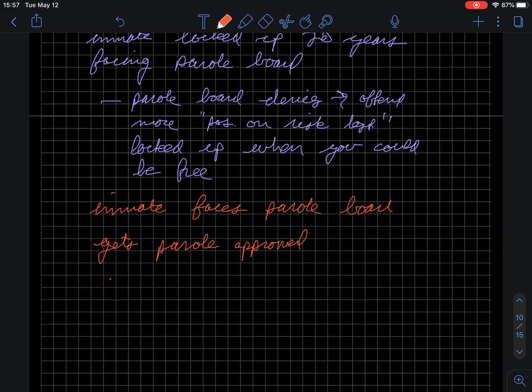And on parole, kills someone. So they were negative on risk, but turned out to be positive.